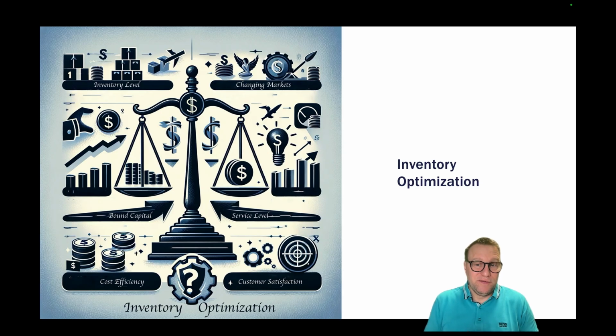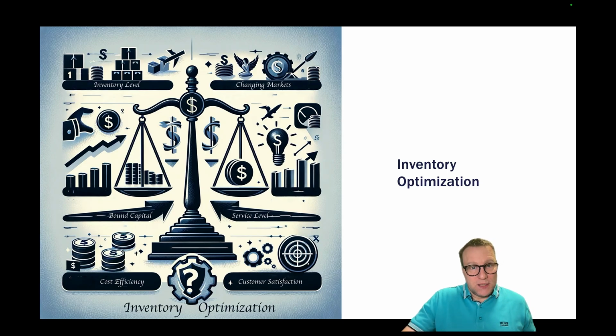It means you have capital against service level, and depending on the year, if you work in supply chain, in one year it's all about service level, in the next year it's all about inventories. Inventories is always a topic, and inventory optimization is always linked to analytics itself.